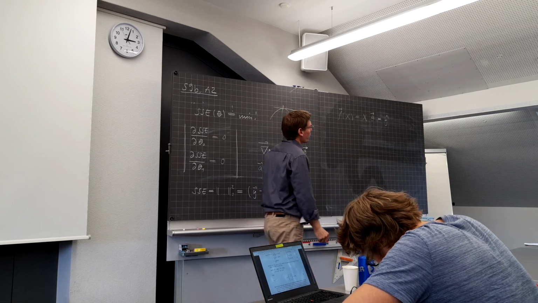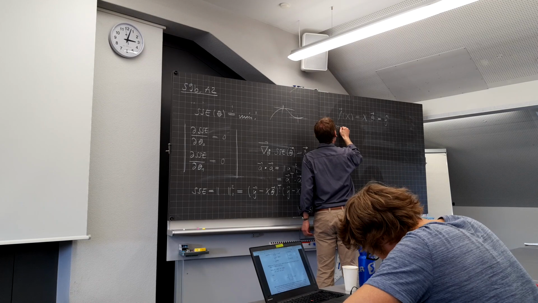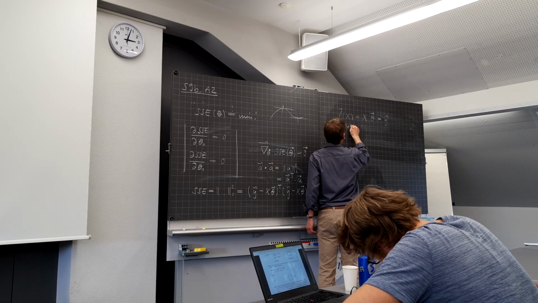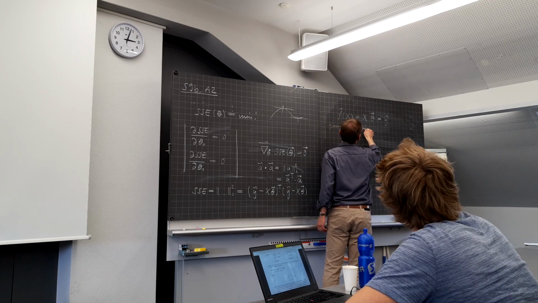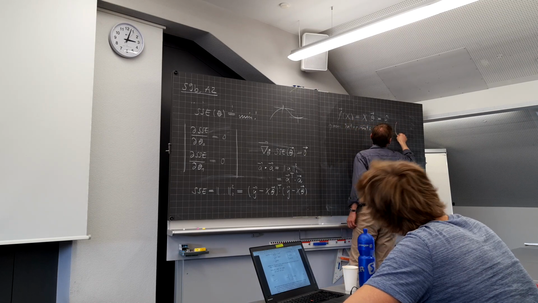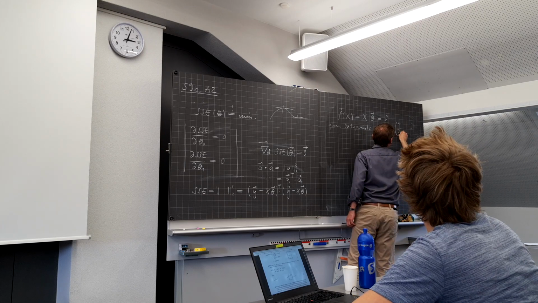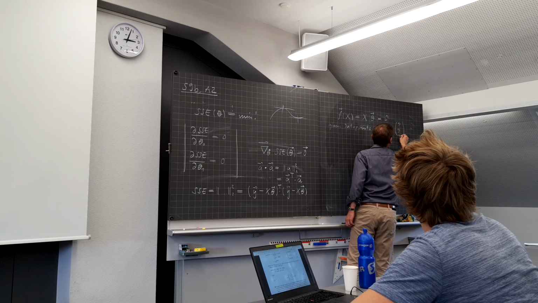This is the estimate of y, and we have given data points. These are the y's, meaning these are the vector y1 until yn.